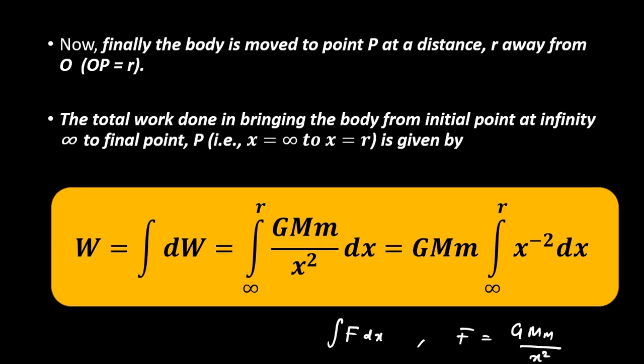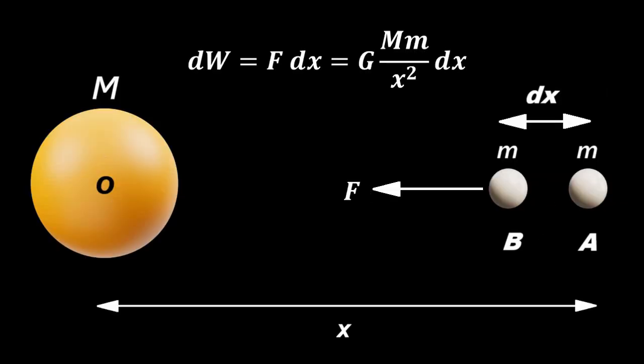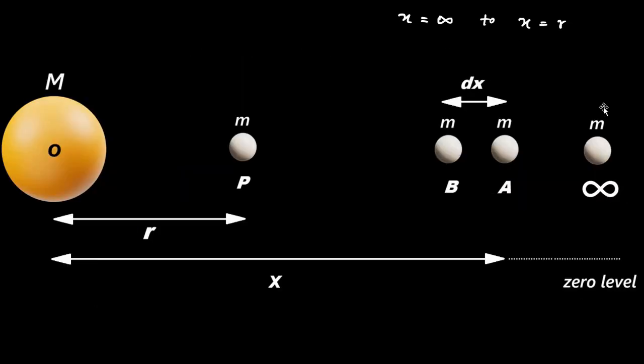So we get the integration GMm times minus 1/x, upper limit R, lower limit infinity. Lower limit is infinity, upper limit is R, because the journey has happened from x equal to infinity.